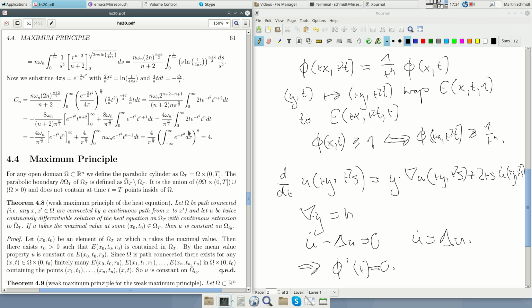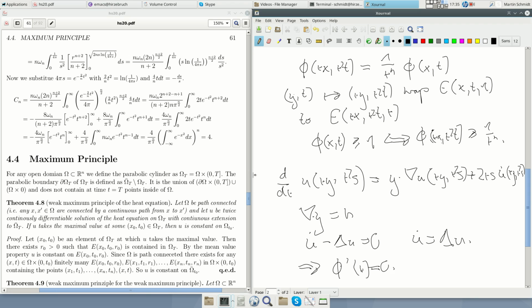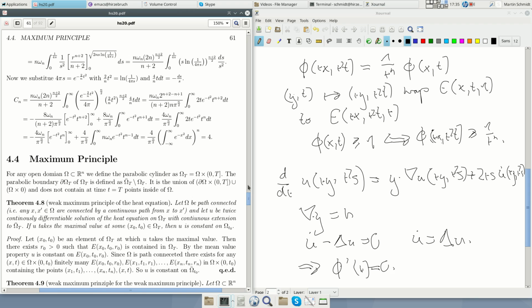But we already know that each of these factors is the square root of pi, so this cancels with this, and we just have 4. So this shows that this factor in C_n is indeed 4. In particular, this shows that this factor is finite. This is maybe the only thing which we really needed in this proof.